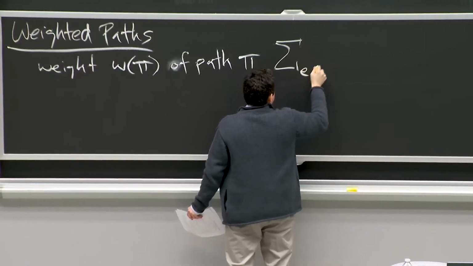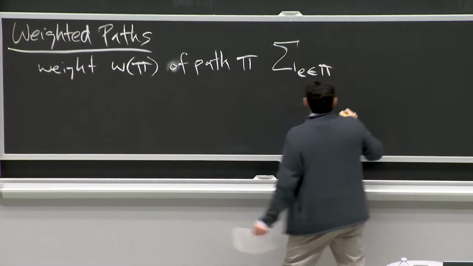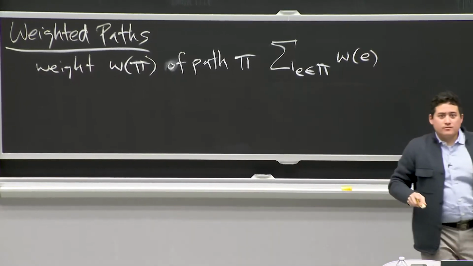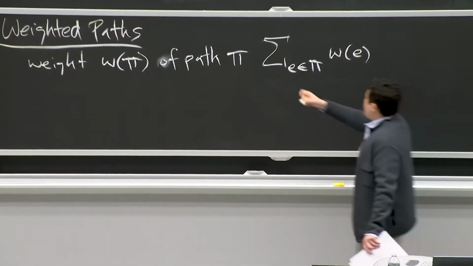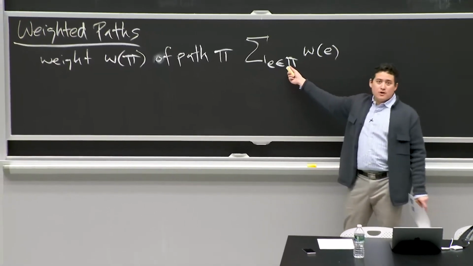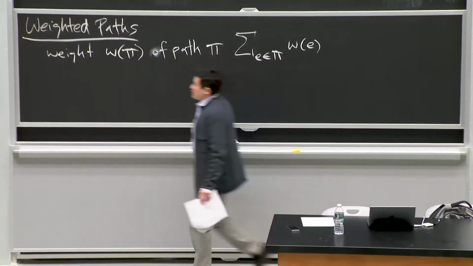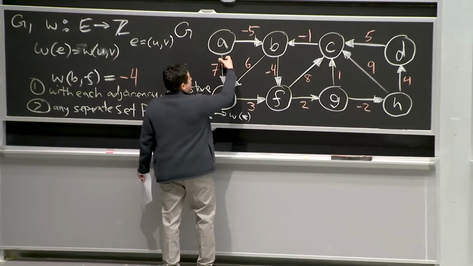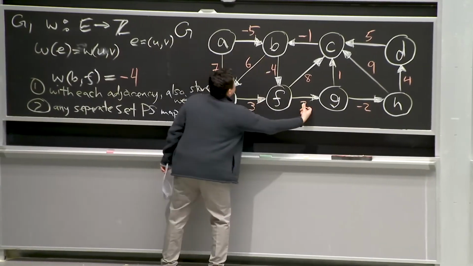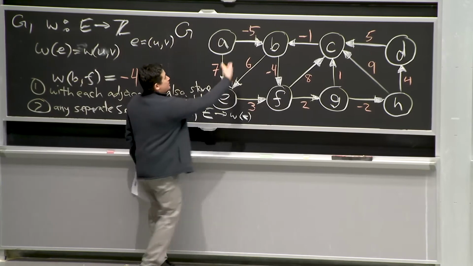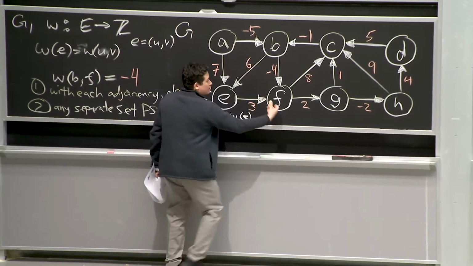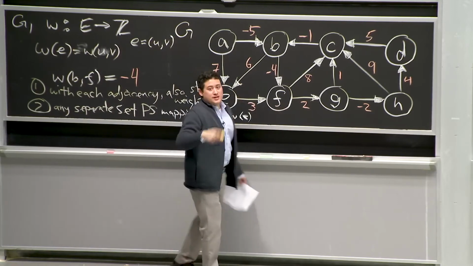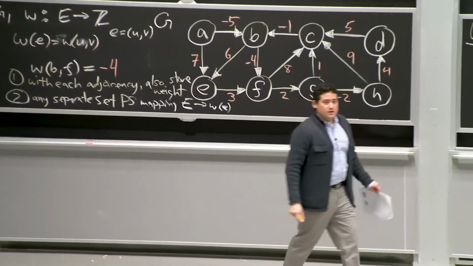So for each edge in the path, I'm going to sum their weights. That's all the weight of a path means. So if I took a look at a particular path here, the path from A to B to F to G is going to be -5, -4, 2. That's going to be -9 plus 2 is -7. Okay, just as an example.